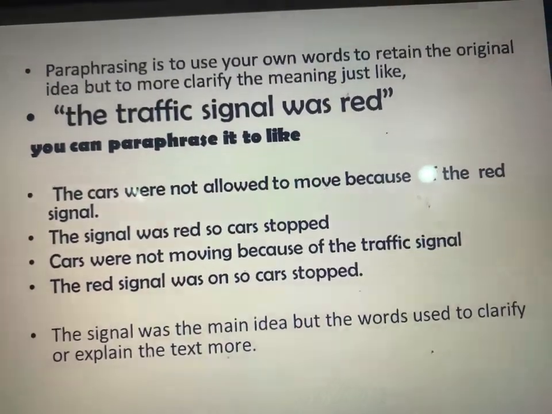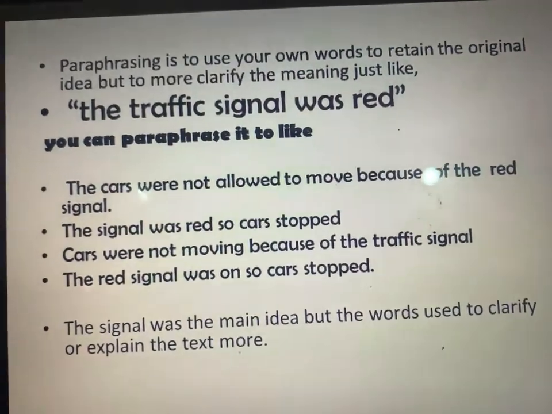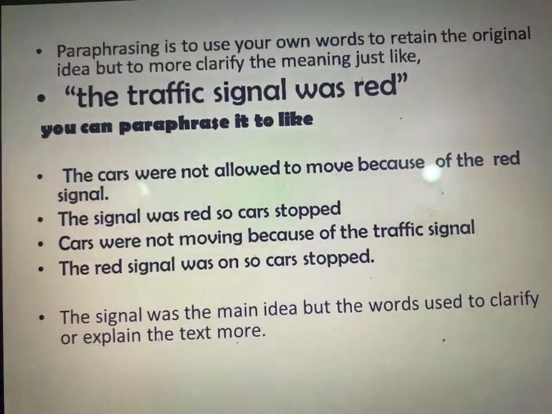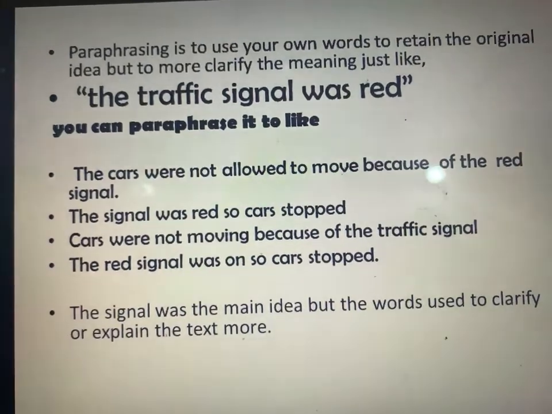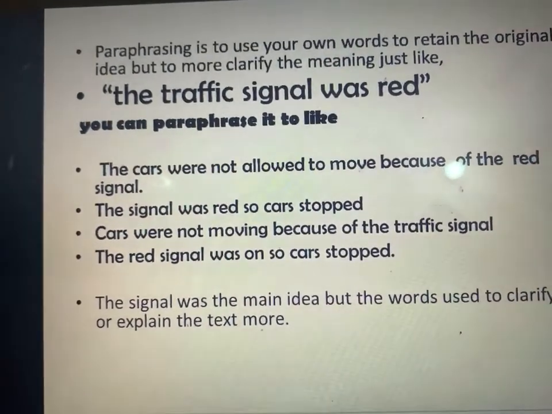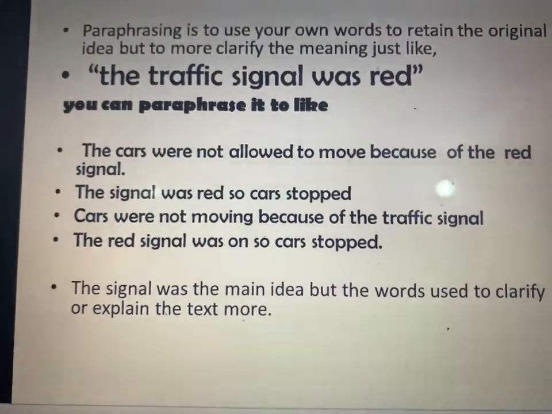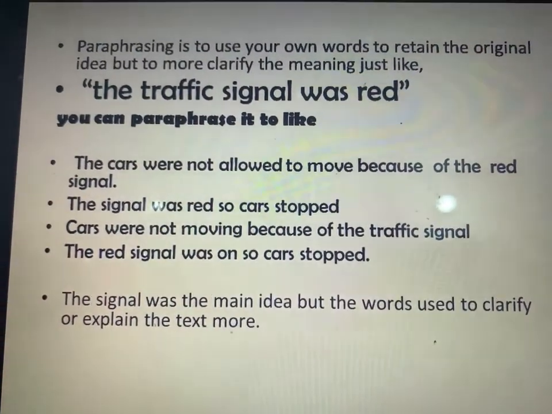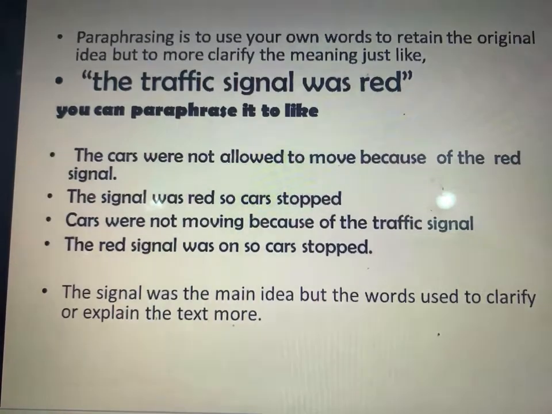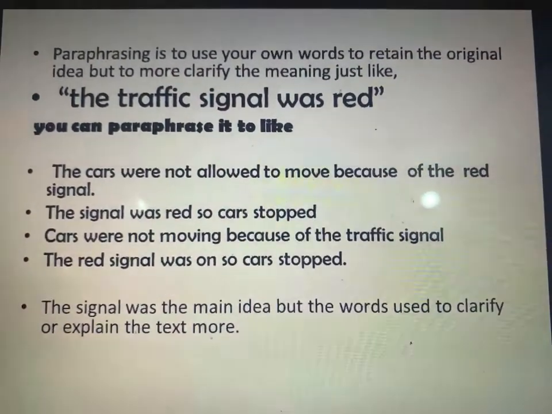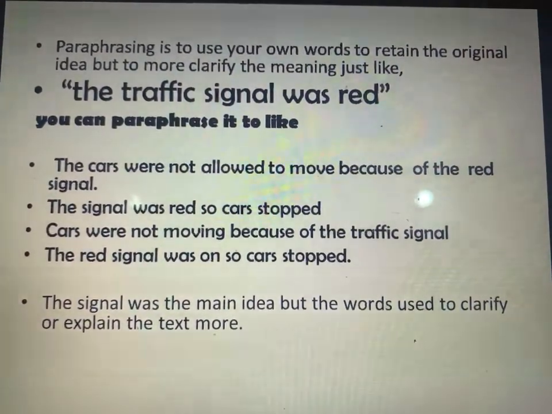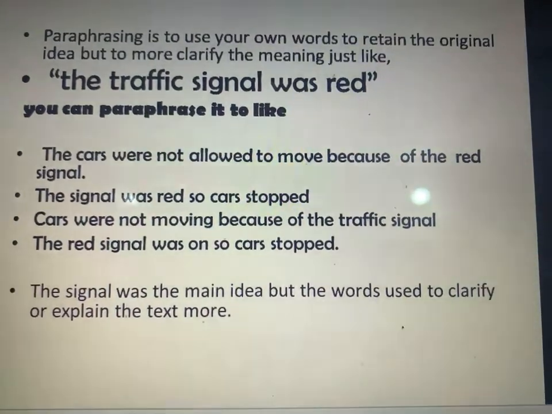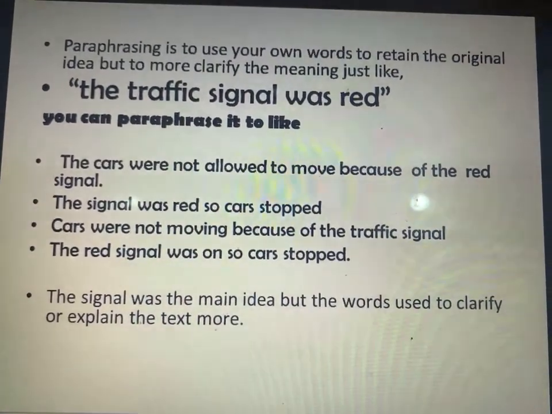We kept it as the main theme of the sentence, and then we started to elaborate: traffic signal means no cars moving. So the main idea is kept the same, but we used more words, other different words, to clarify or explain the text more. The most important thing is that you paraphrase to simplify, not to complicate things.